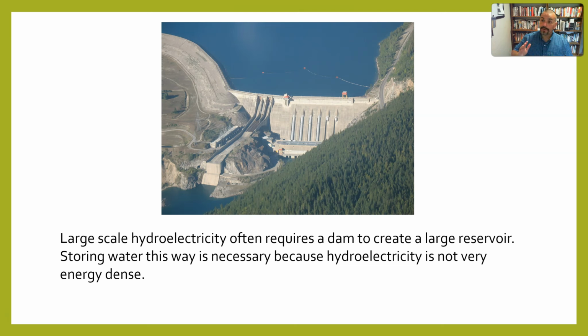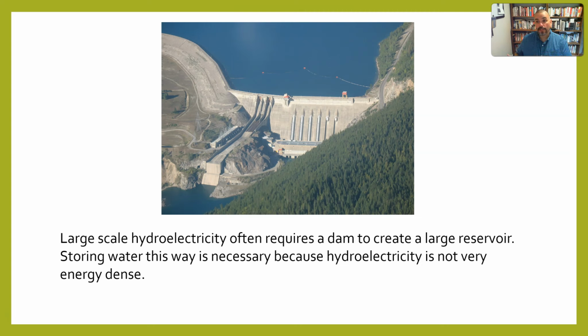So we don't generate a lot of power from water that's passing through. So in order to generate a lot of electricity from hydro, we need to have a lot of water. And that's why it's not very energy dense, because the amount of space that are taken up by these human-made lakes created by the dam take up an awful lot of space.